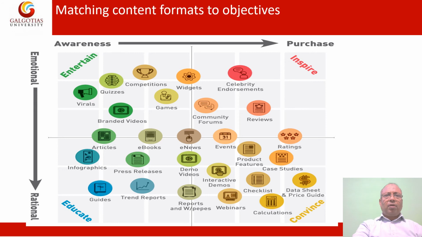Now, let's discuss the concept of matching content formats to objectives. The role of a content marketer is to select the right content based on overall objectives, production capabilities, and the needs of the audience.